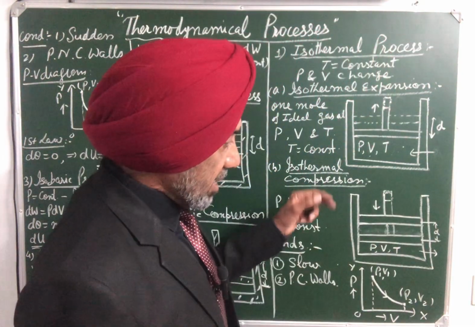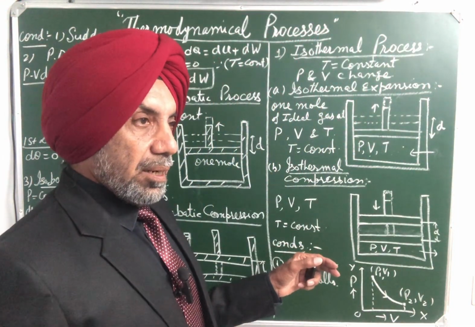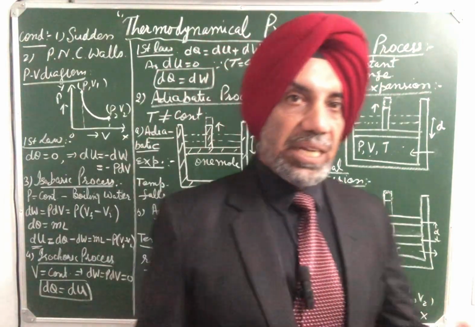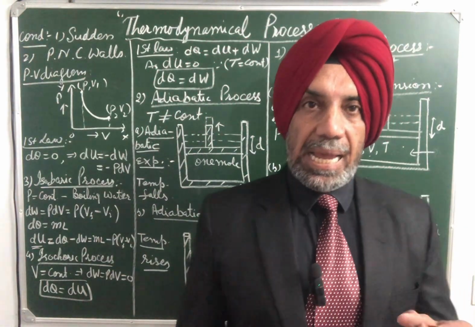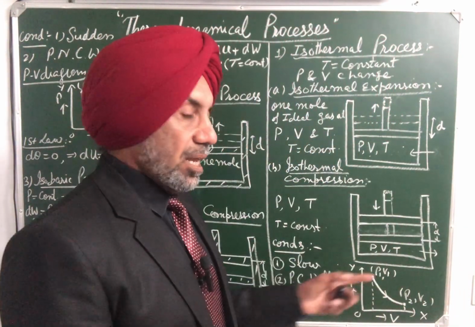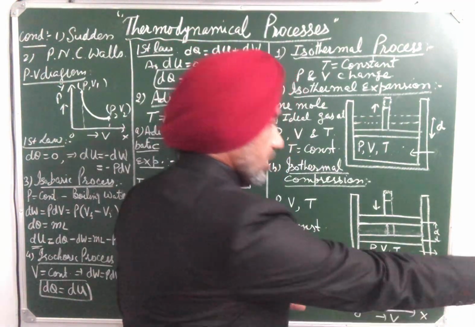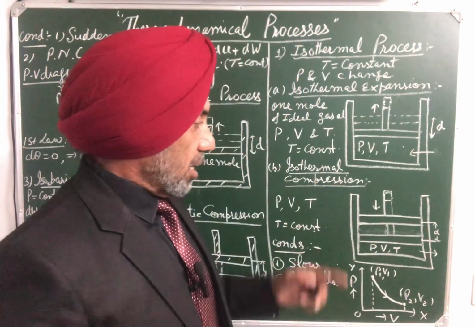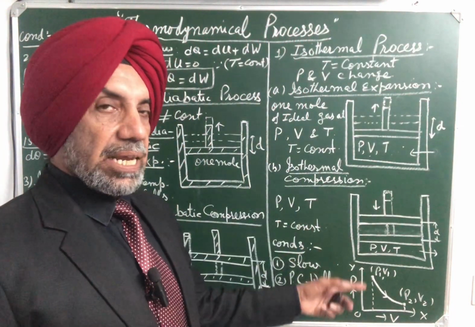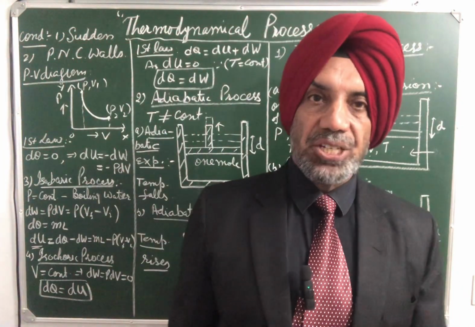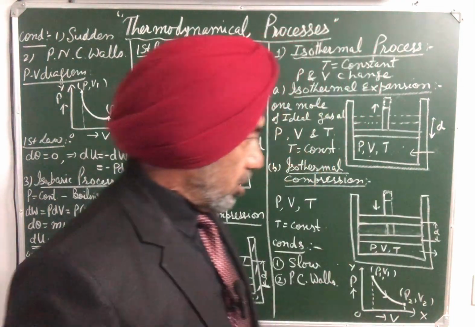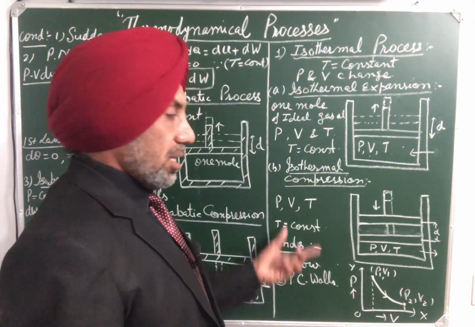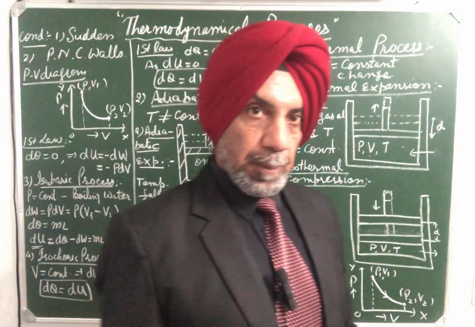When the volume of the gas decreases, the temperature of the gas will tend to increase. But as it is in thermal contact with the surroundings, heat flows from the gas into the surroundings. Again, temperature is kept constant. So this is the case of isothermal compression. So in both the cases, temperature is kept constant.